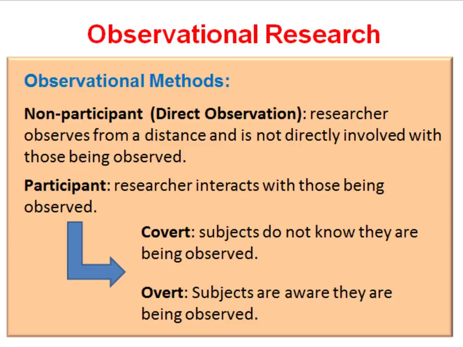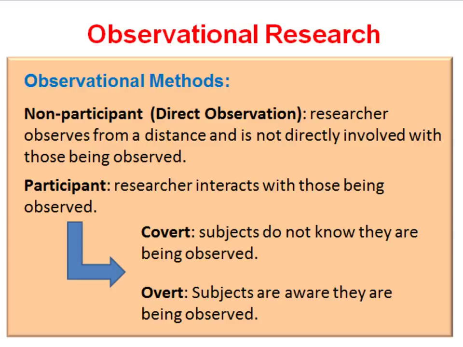Now there are two main ways in which we do observational research in sociology. Firstly, there's what we call non-participant observation or direct observation. In this case, the researcher is exclusively an observer. So they're not actually taking part in the group's activities. They are simply observing that group from a distance.